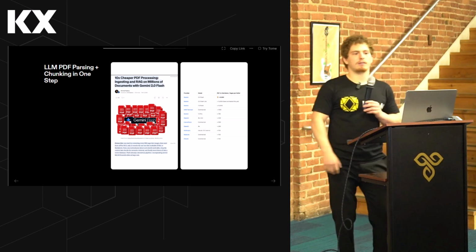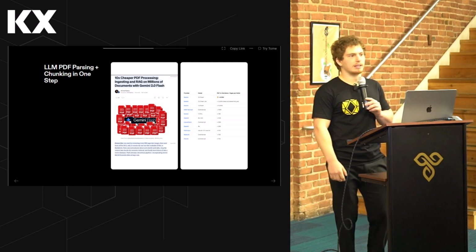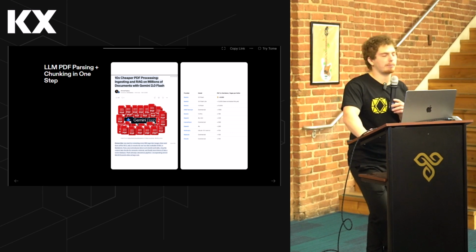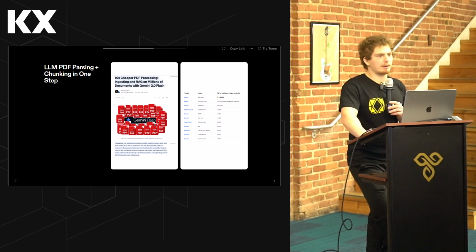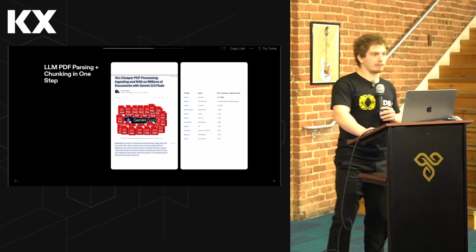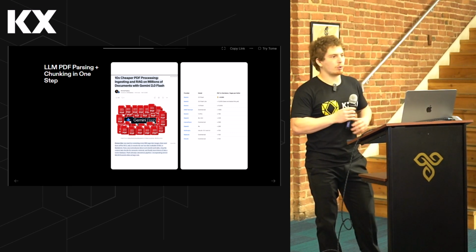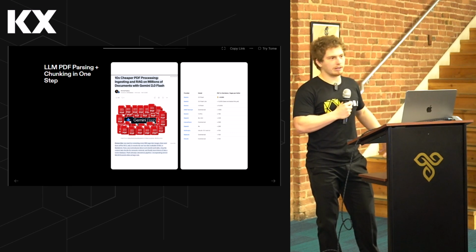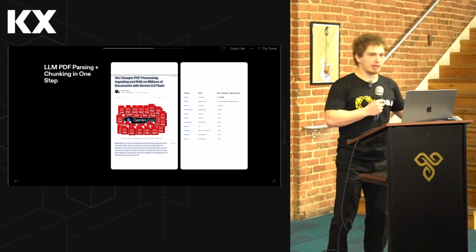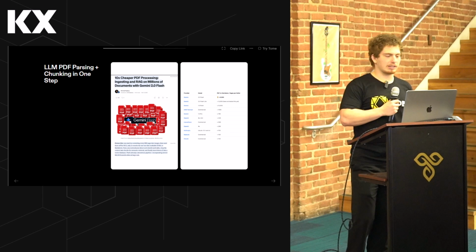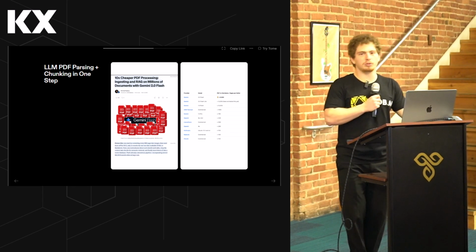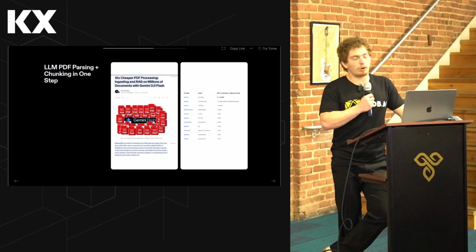Okay, another fun thing is, let's say you are in a position where you're doing PDF parsing with chunking. Well, there are many platforms that do this, and what they do is very complex. They don't just use an LLM to parse the document. There's a lot of steps that go into it that Nina mentioned, and we're going to see later as well. But if you want a quick, easy, and cheap solution, LLMs can do all of this in one step.